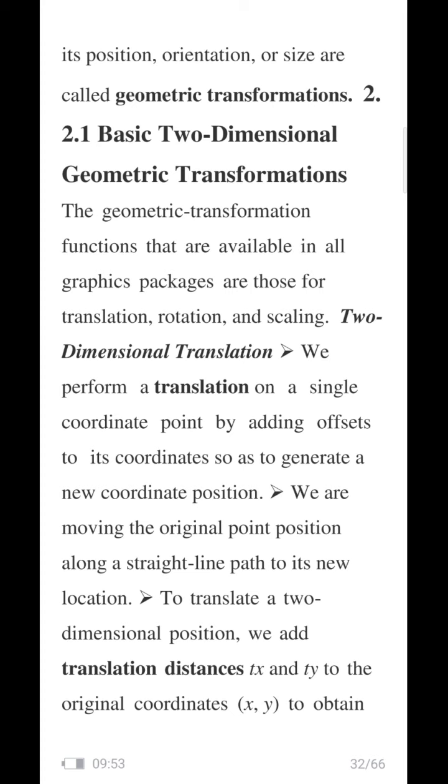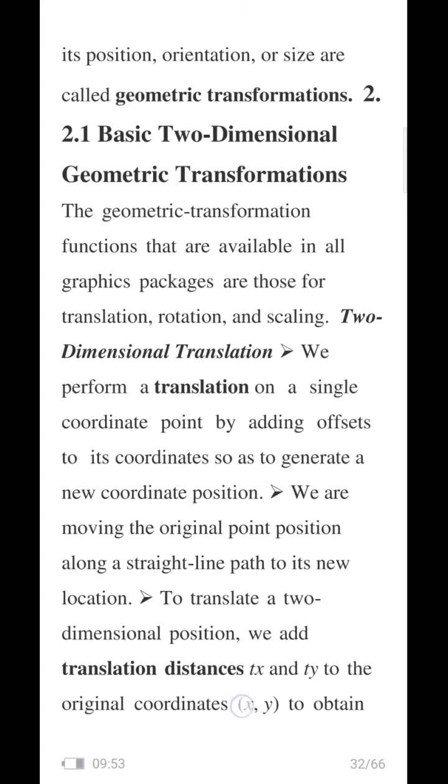So we are moving the original point position along a straight line path to its new location. To translate a two-dimensional position, we add the translation distance. Please understand this, what I explained, the same thing is mentioned: the translation distance, or displacement value tx and ty, is added to the original coordinates x and y.